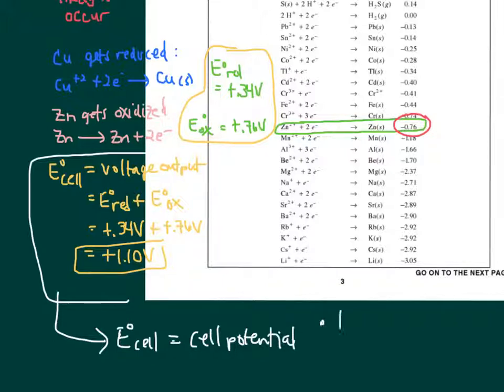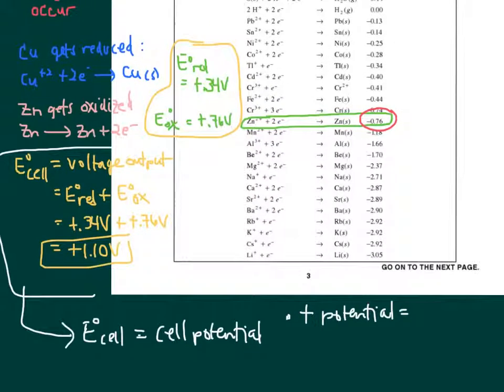Things to remember: if it's a positive total potential, so when you add the reduction to the oxidation potentials and you get a positive output, that means this is spontaneous, and it's actually outputting voltage, which is good, because isn't that what you want a battery to do? You want it to give off voltage so that it powers your stuff.